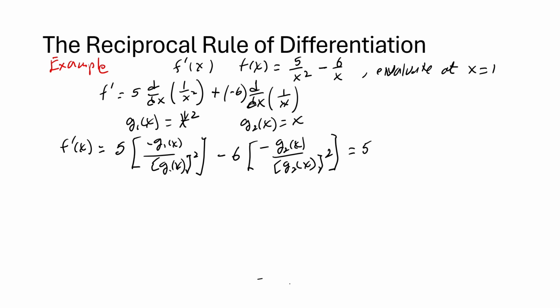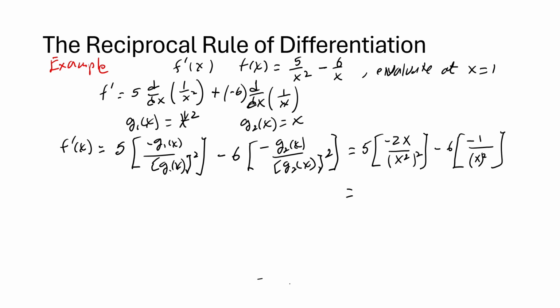So we get 5 times minus 2x, because that's the derivative of x squared, divided by x squared quantity squared, minus 6 times, now the derivative of x is 1, so it's minus 1 divided by x quantity squared. So let's see what we get.